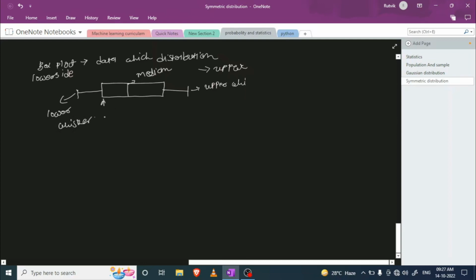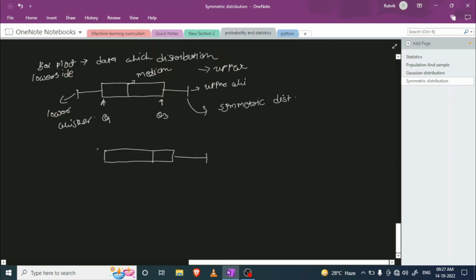This is Q1 and this is Q3, quartile 1 and quartile 3. So our median is at the center of this box. That means we can say that this particular column or particular data follows the symmetric distribution.